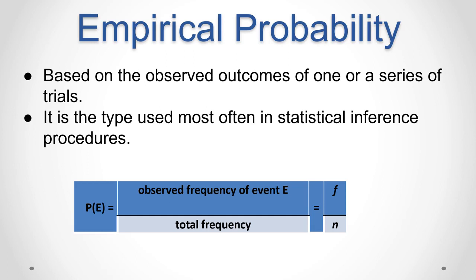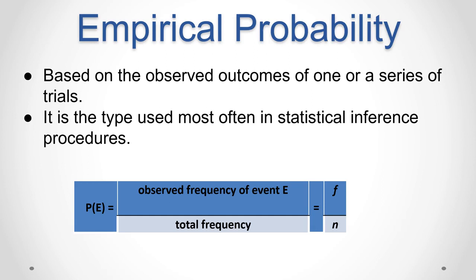Empirical probabilities are used when we do not know all the possible outcomes of an experiment. It's used most often in statistical inference procedures. So how do we calculate probabilities using the empirical method, aka the relative frequency method?